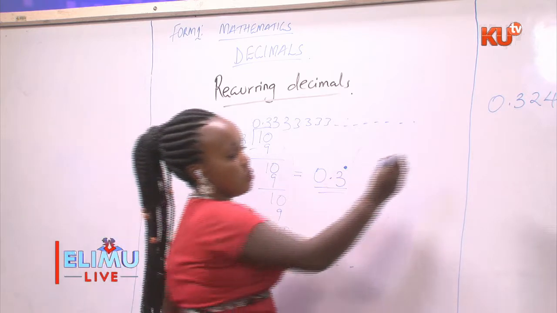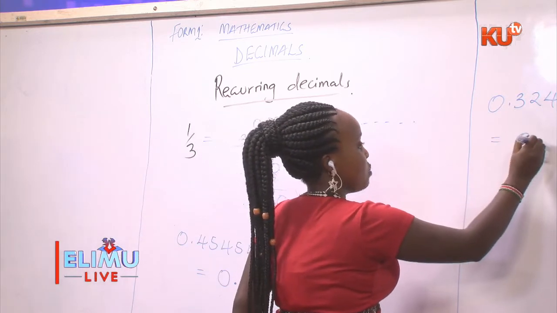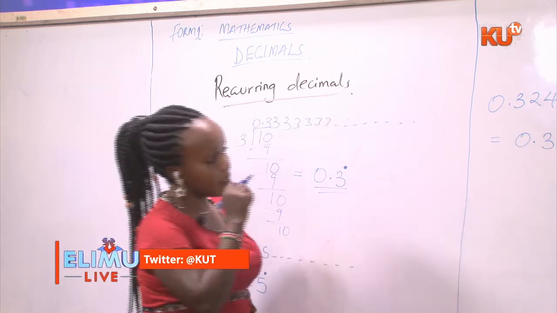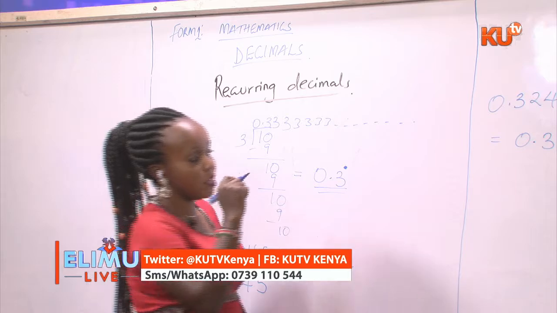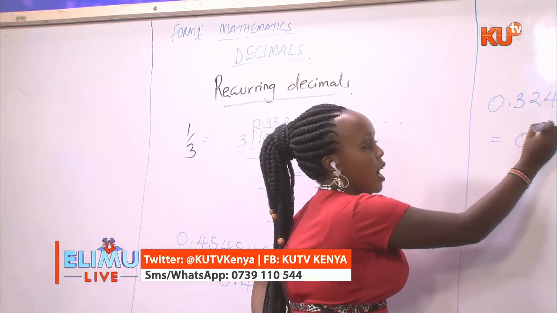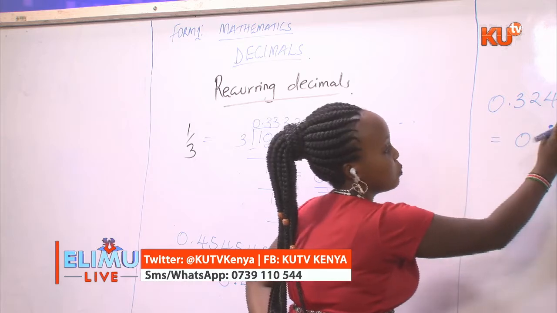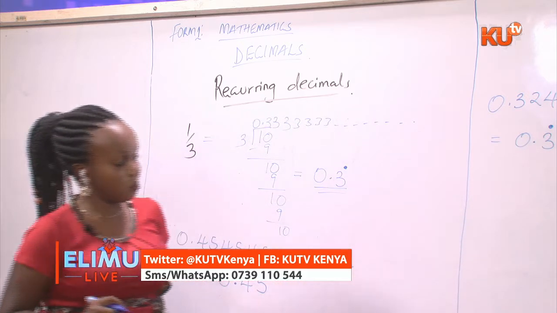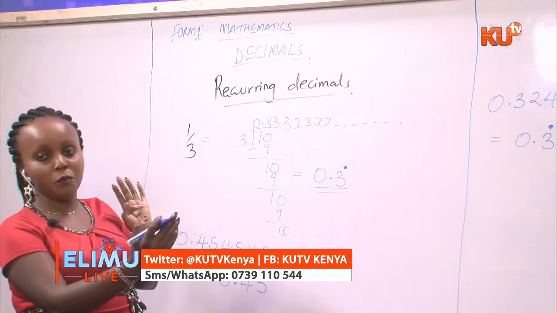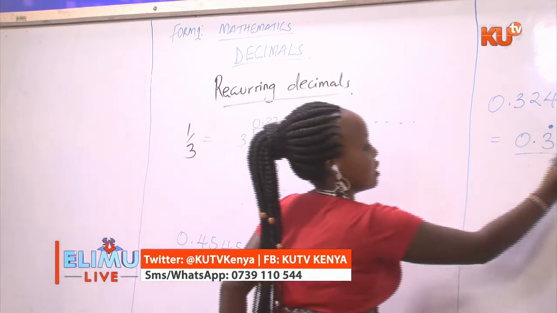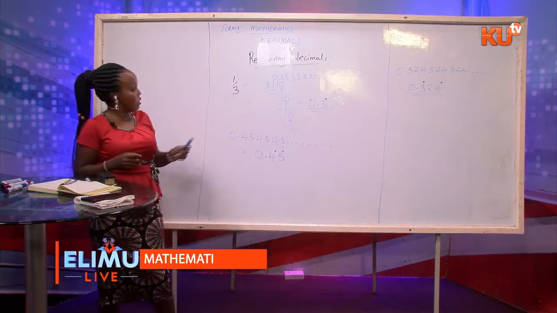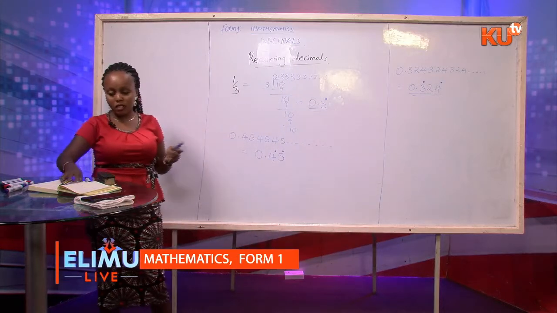So we are going to write this as 0.324, and since the 3 digits are repeating themselves, the dot is going to be placed on top of 3 and on top of 4. We're not going to put it on top of 2 because that would show the repeating digits are from 3 to 4. Thereby, our number is written as that. So those are 3 examples of how we write recurring decimals.